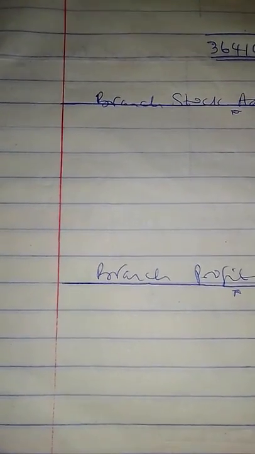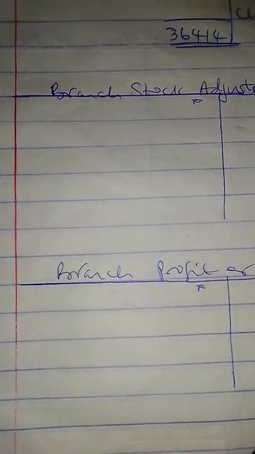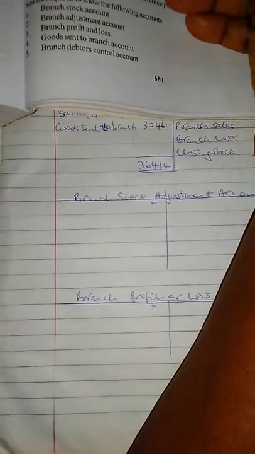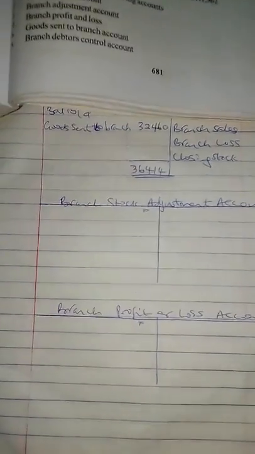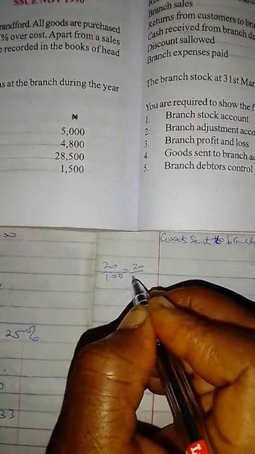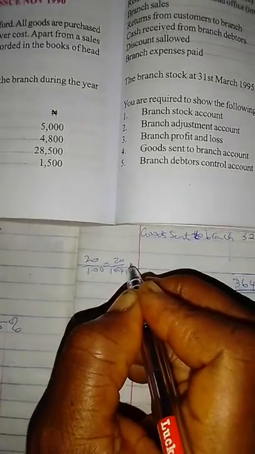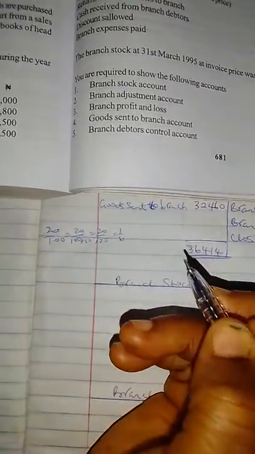In that case, this is 20% above cost, so you now need to convert from markup to margin. Since you are selling at selling price, the margin will be 1/6 by the time you do the conversion, because 20/100 plus 20 gives us 20 over 120, which is the same thing as 1 over 6.